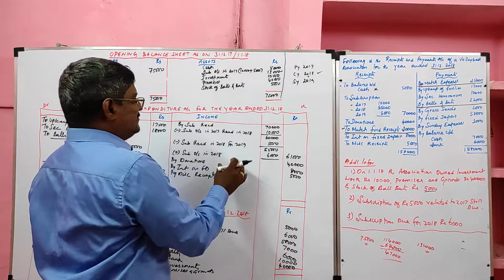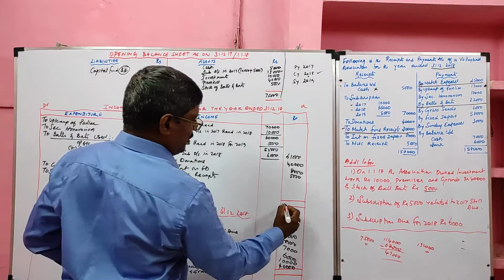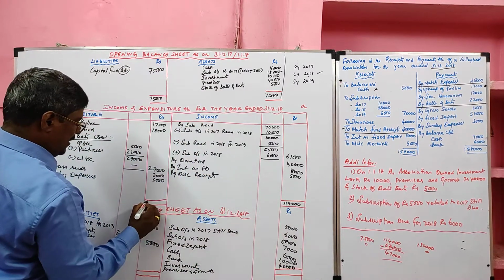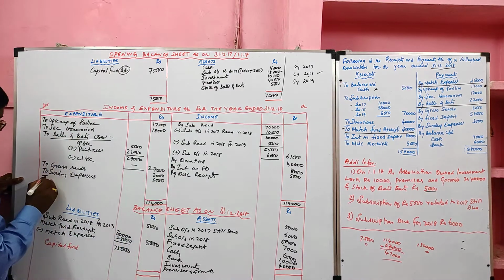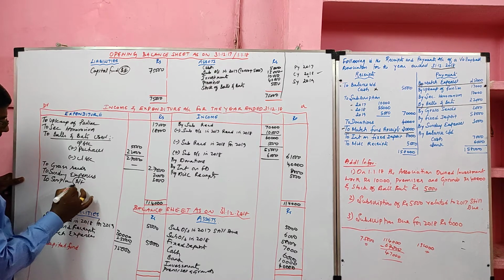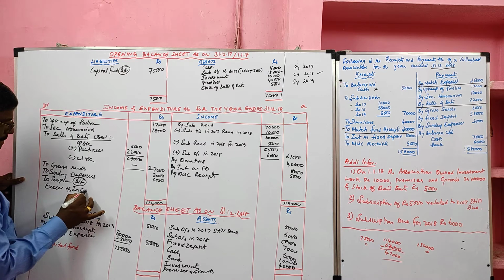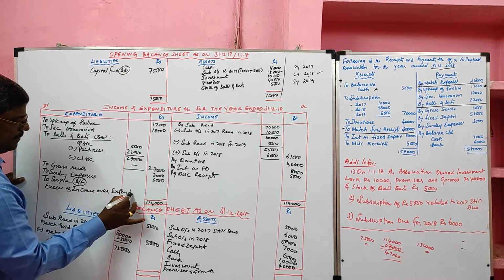Here the income side exceeds expenditure. So income side total 1,14,000. Then we have to deduct debit side value. We'll get surplus. Balancing figure. Excess of income over expenditure.